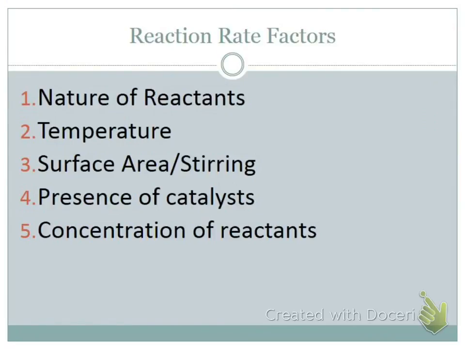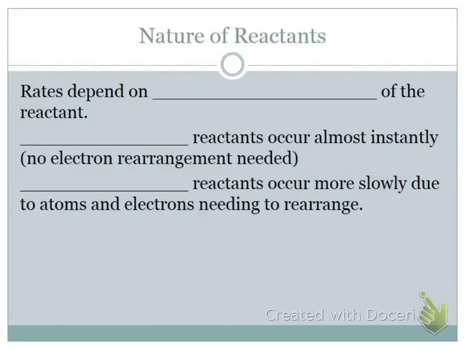So the factors that affect the reaction rate are some of the things that we talked about when we did solutions. Some of those same things are going to show up because the solution process is affected by some things with kinetics as well. First one we're going to talk about is the nature of the reactants.